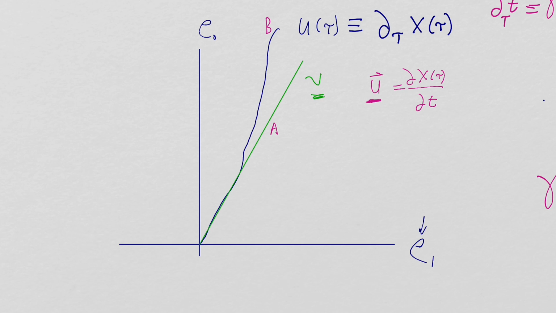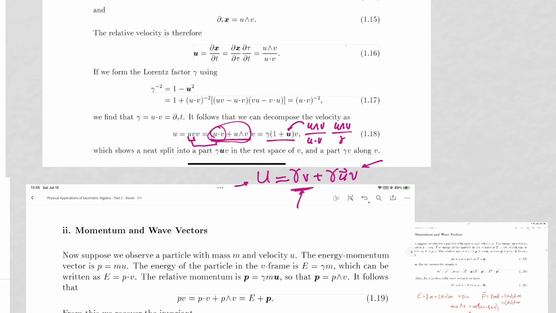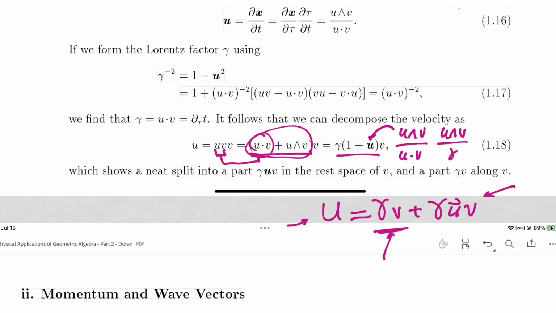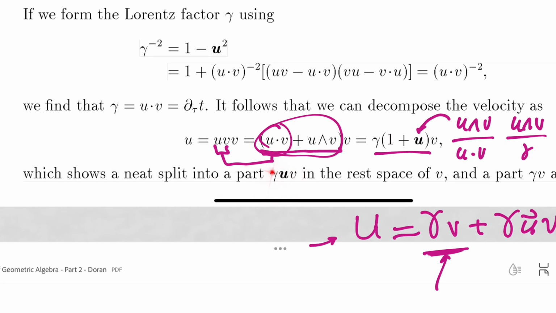In other words, we know the velocity of this observer v, and we know the velocity of this observer b, but we're asking, what does v think b's doing? And the way to do that is through this process right here. This is what v thinks b is doing, gamma u v.